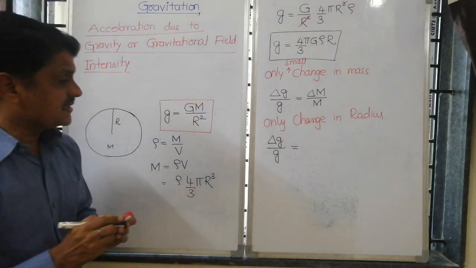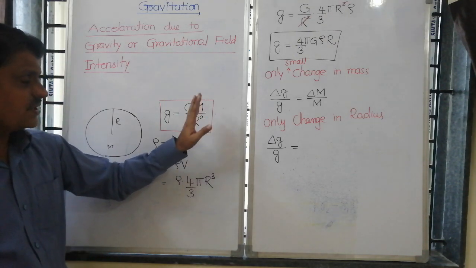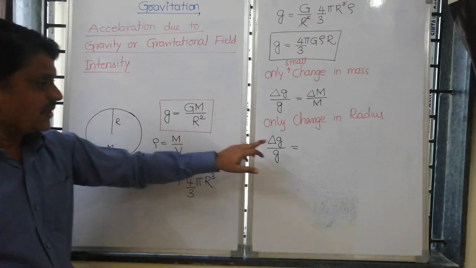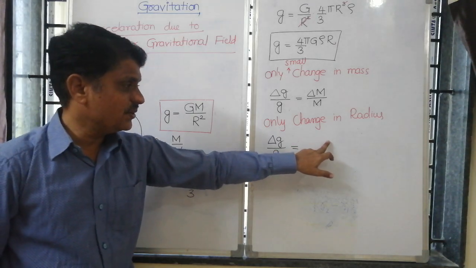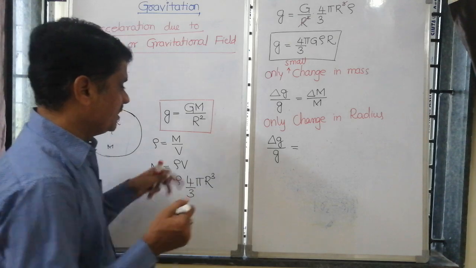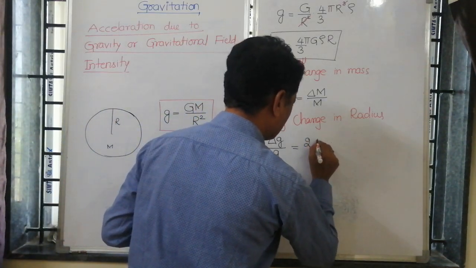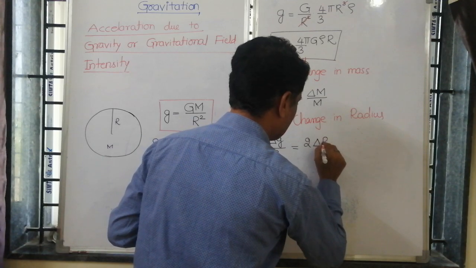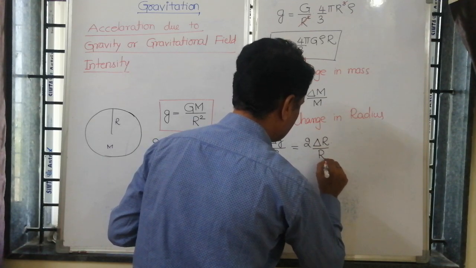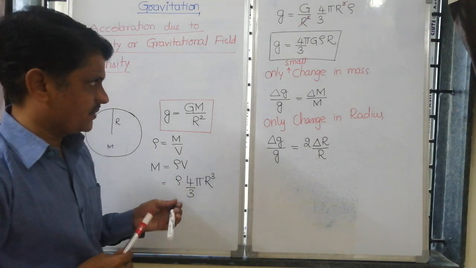So always, as I told you earlier, to find out the percentage change or fractional change, we have to take power into fractional change. That is power into change. Here for radius, power is 2. Therefore, 2 into delta r by r. Multiplied by 100, you can get percentage change.